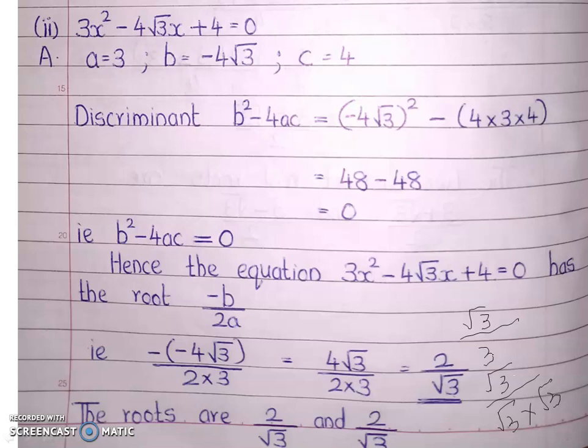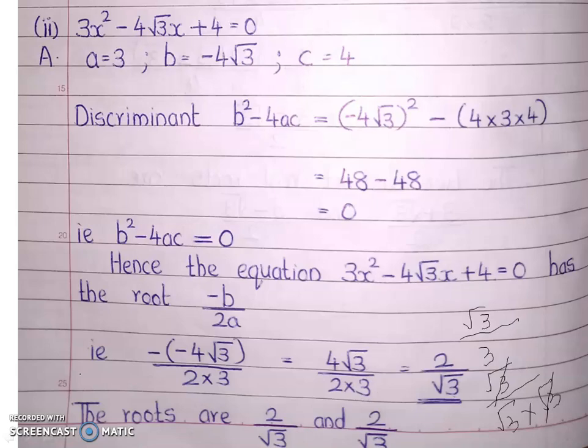This 3 I can write it as root 3 into root 3. So how can I cancel? This root 3 and this root 3 I can cancel. That root 3 is coming here. So don't get confused. This is how I cancelled root 3 and 3.